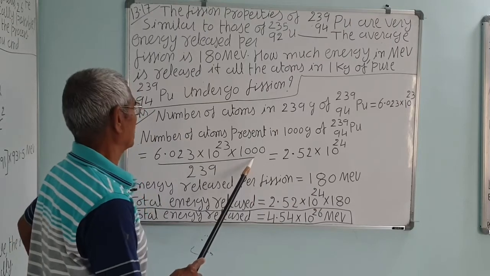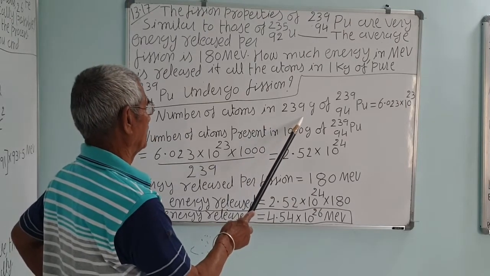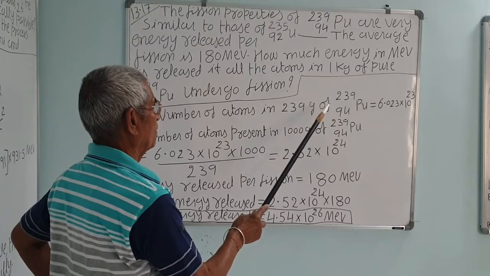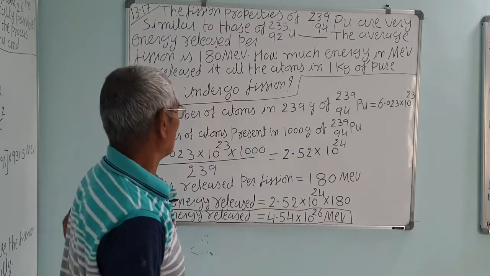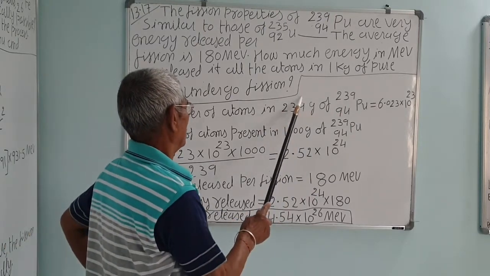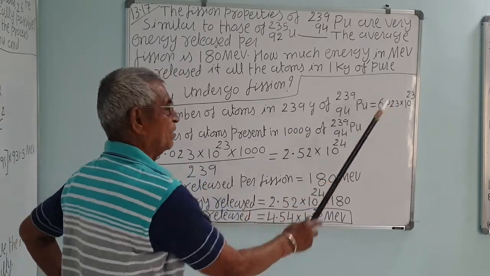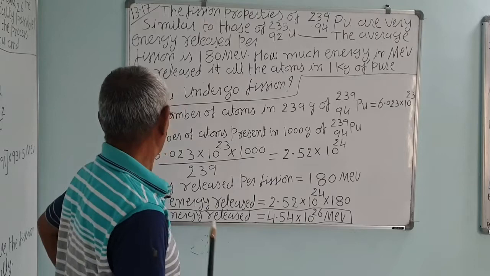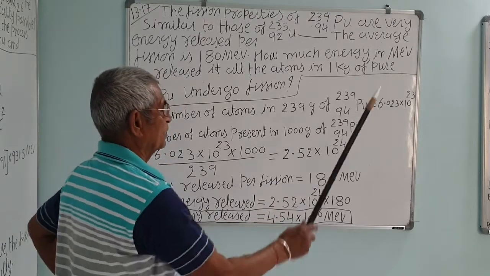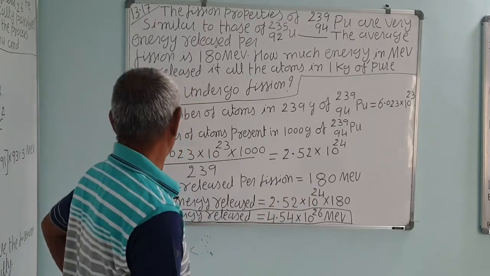The atomic mass in grams contains a number of atoms equal to the Avogadro number, and the Avogadro number is 6.023 into 10 raised to 23.